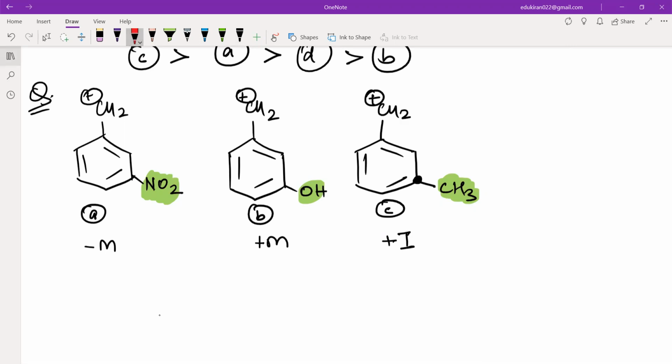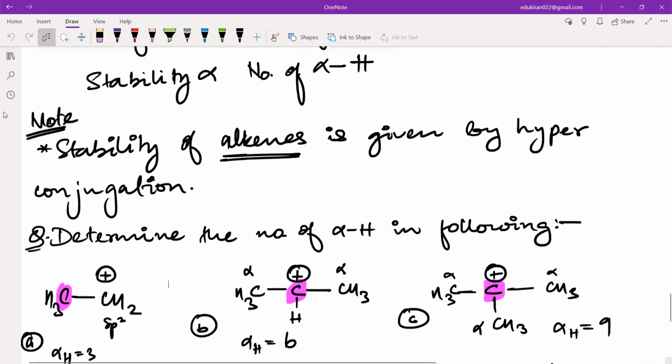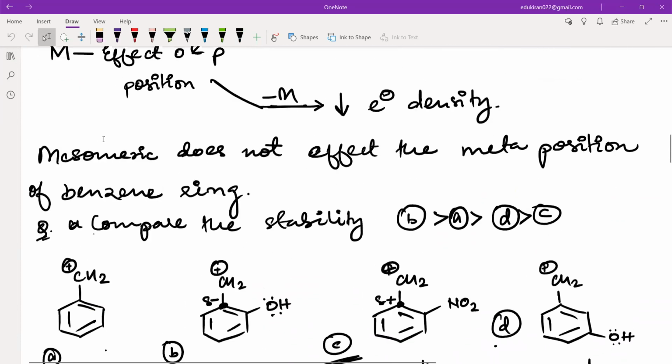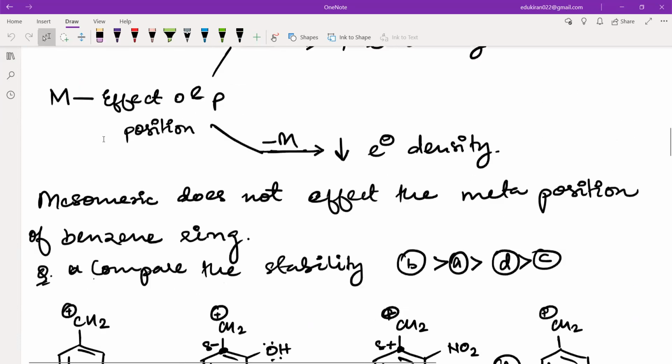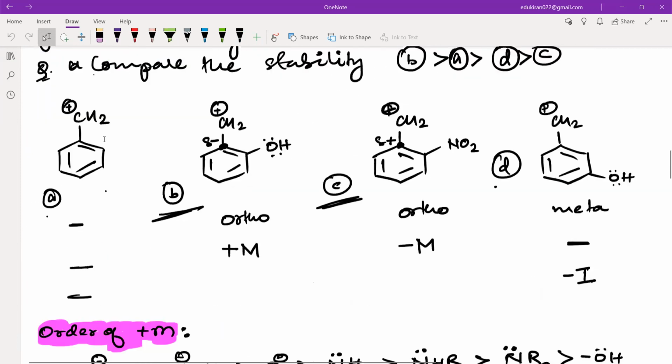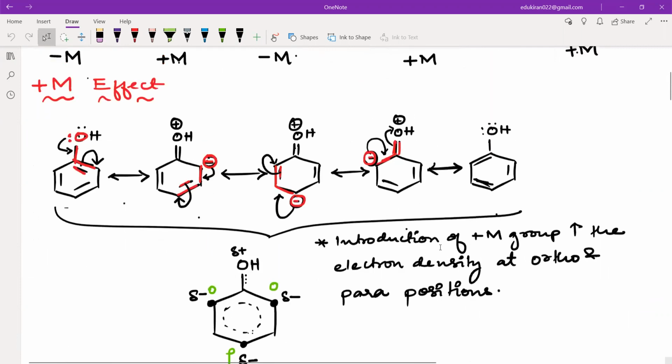But you have to remember one thing. You have seen in the last class, a plus M group will increase the electron density at ortho and para positions only.